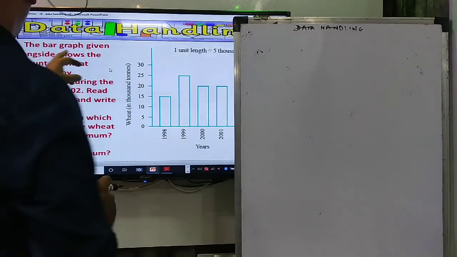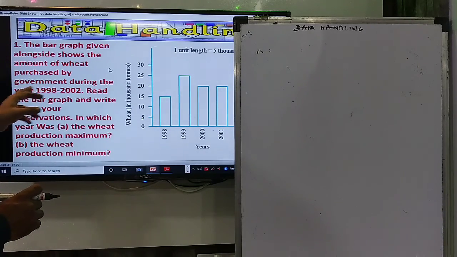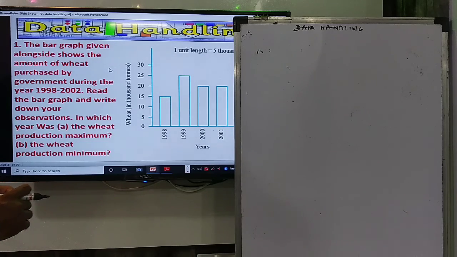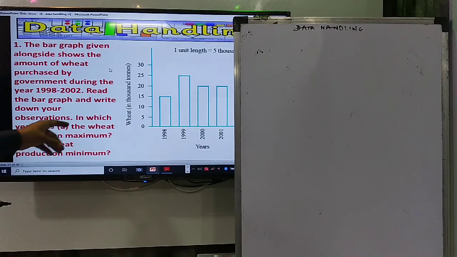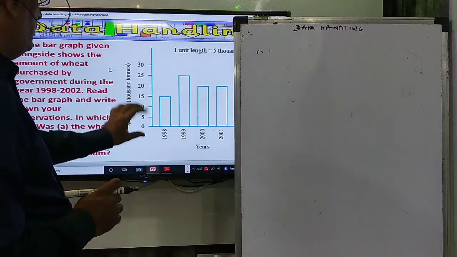Now let us see this first problem. The bar graph given alongside shows the amount of food purchased by the government during the years 1998 to 2002. Read the bar graph and write down your observations. So first, in which year was the wheat production maximum? First of all, let us read this graph.